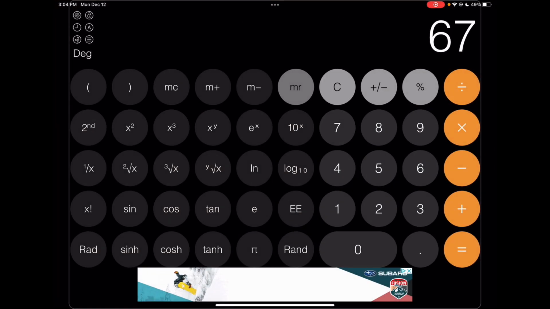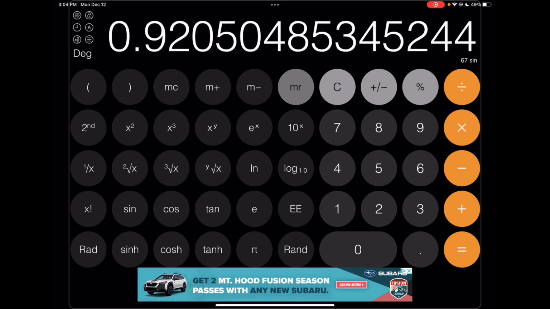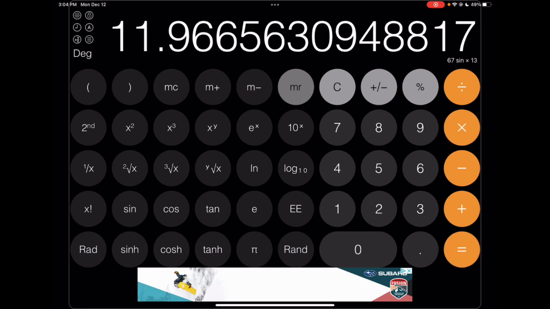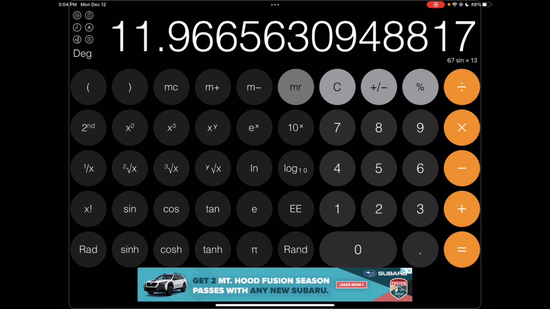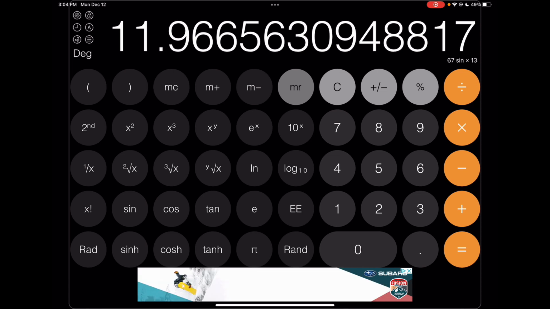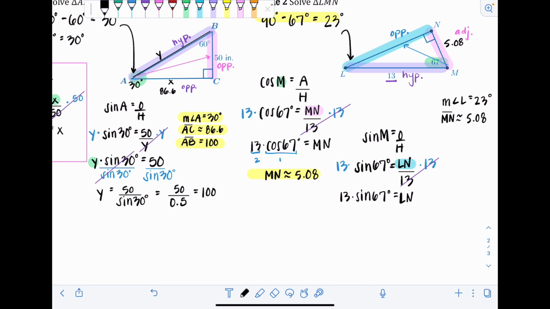I put in 67 first, and then sine, get about 0.92, and then times 13, and it's 11.97 if we round to 2 decimal places, because that 6 in the third place rounds the second 6 up to a 7. So LN is approximately 11.97, and that was our last missing side.